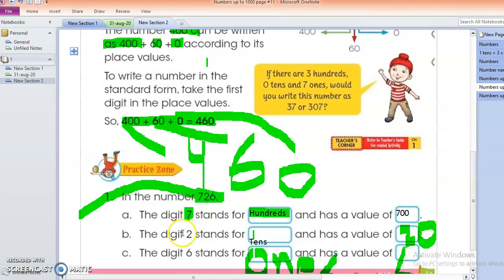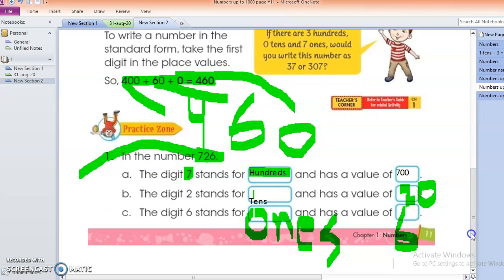Tens. So you will say digit 2 stands for tens and it has a value of 20. As it is in the tens place, 2 tens equal 20. And digit 6 is the last one, and the last one is the ones place. So it stands for ones position and it has a value of 6.